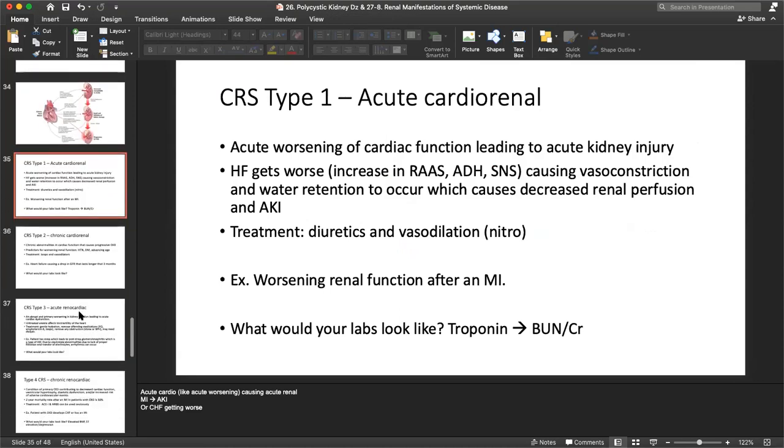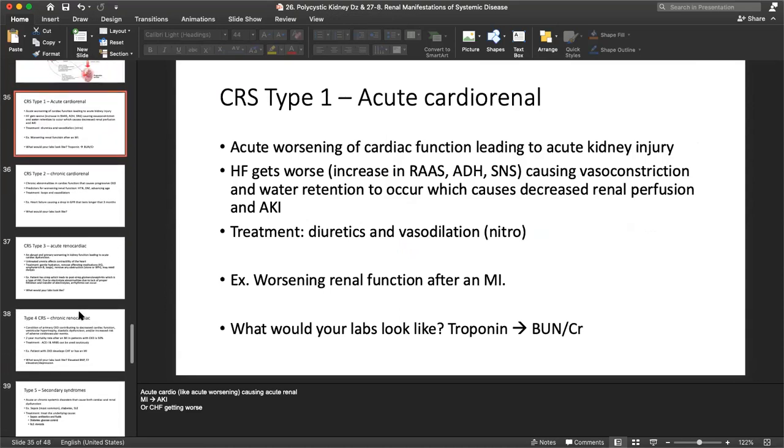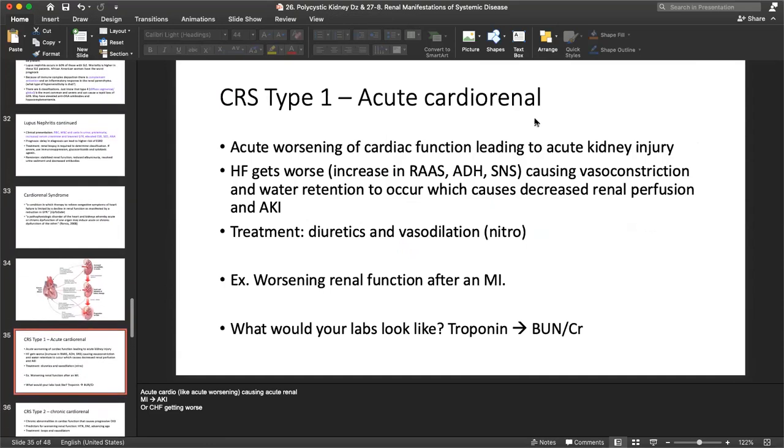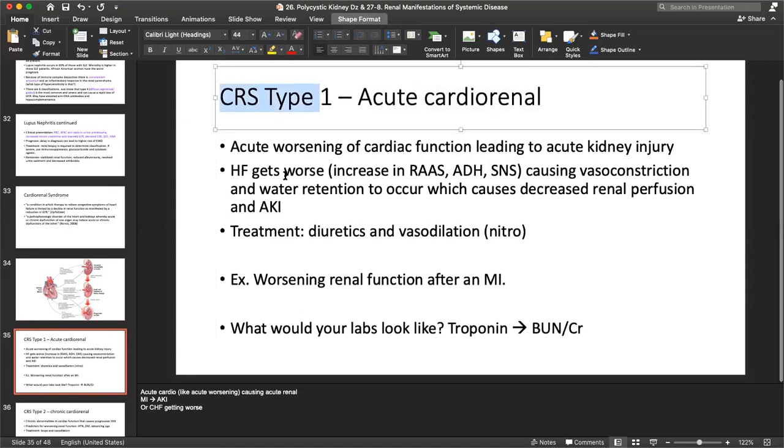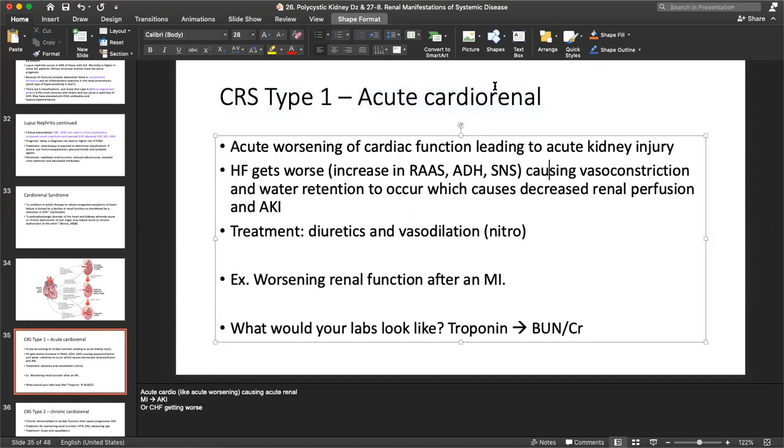Okay, if we look at the words, we should figure this out. So acute cardiorenal, so it's going to be acute cardio causing acute renal. The way I remember this is literally knowing left to right. And I don't think you had to know type 1, type 2 from what I can remember. You just had to know this name. So a cardio problem that's acute is causing an acute renal problem.